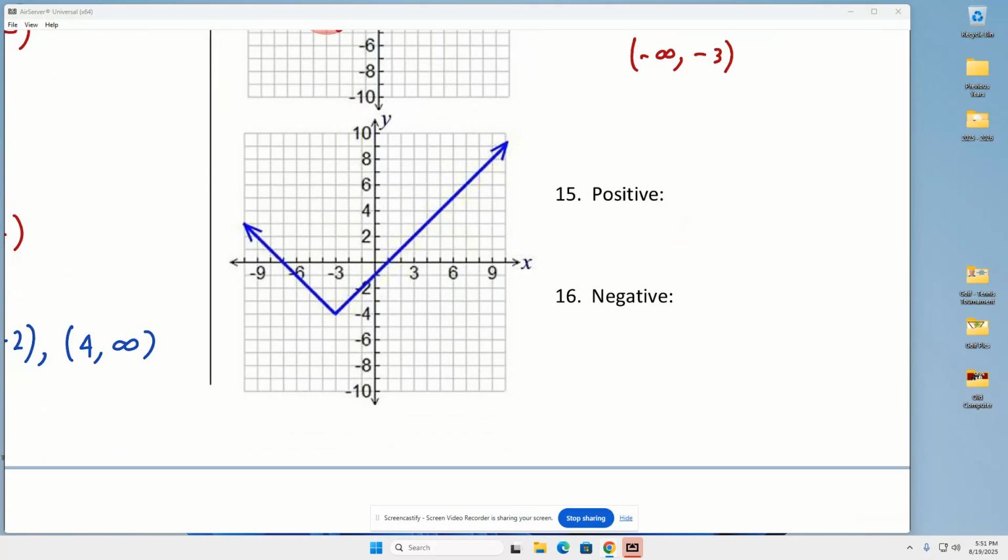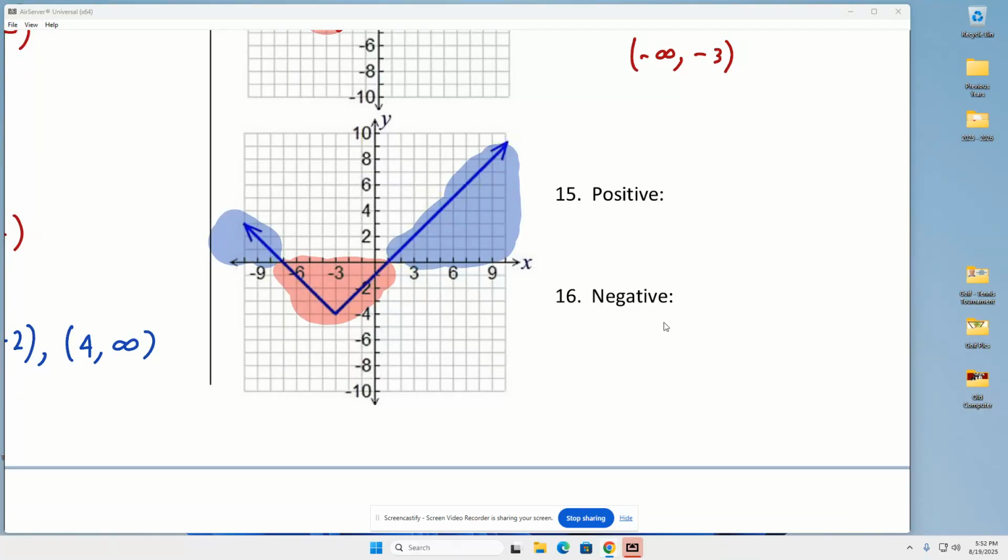Last thing, your positive and negative. This one's a little different from my last one too because it's positive all up in here and it's positive all up in here. And it's negative all down in here. Now remember, we're talking about our intervals. So where did it start being positive? All through here.